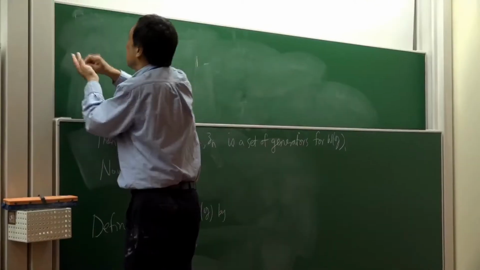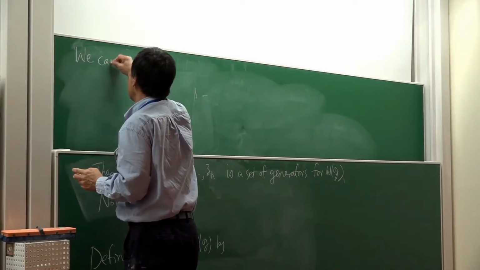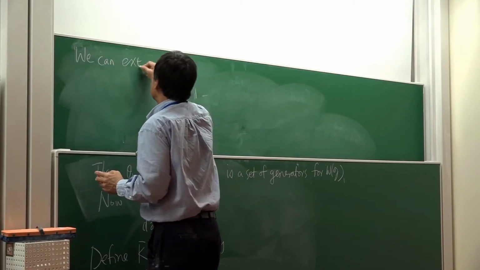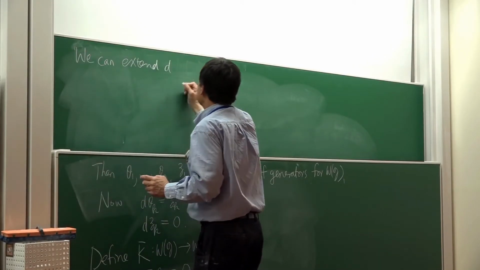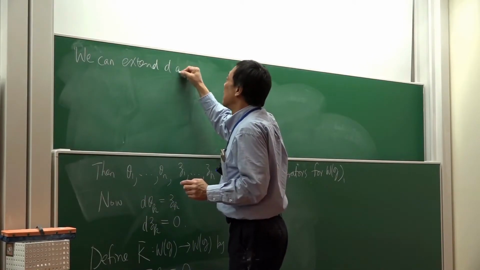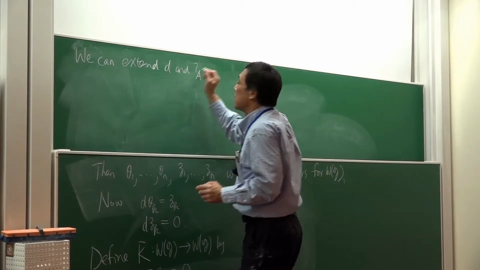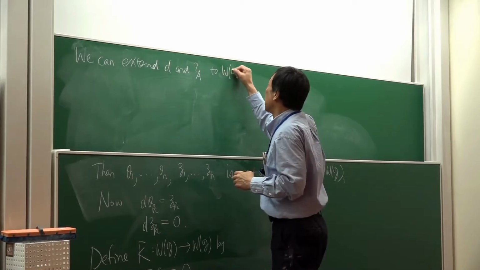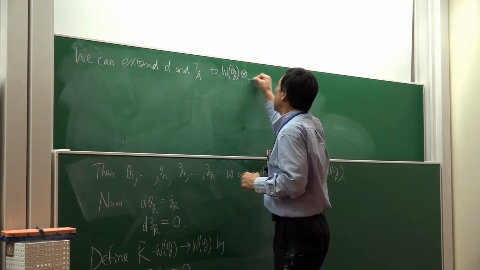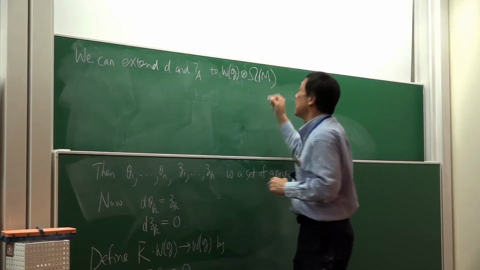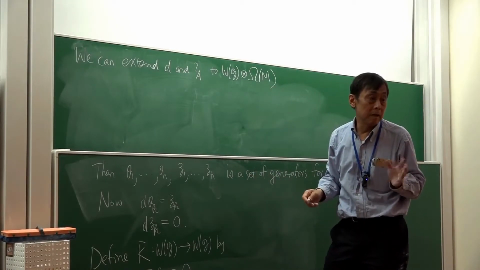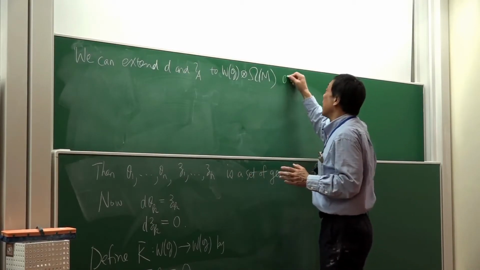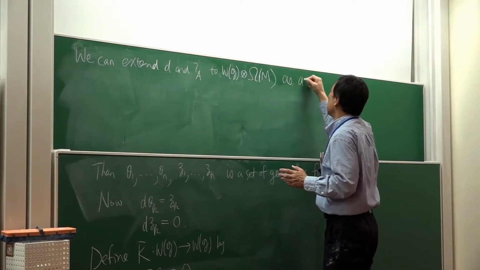So we can extend d and IA to the tensor product as antiderivations.